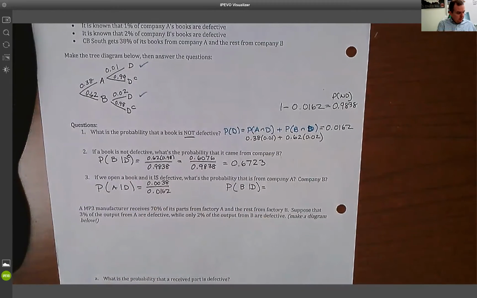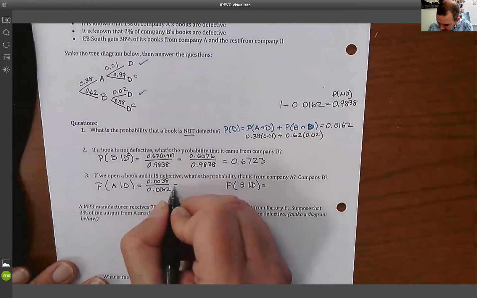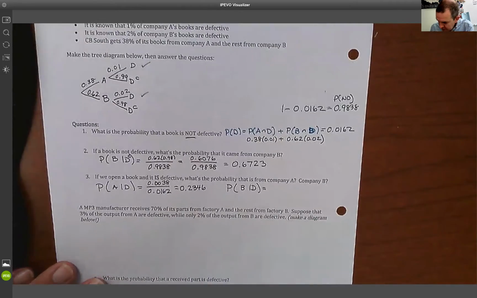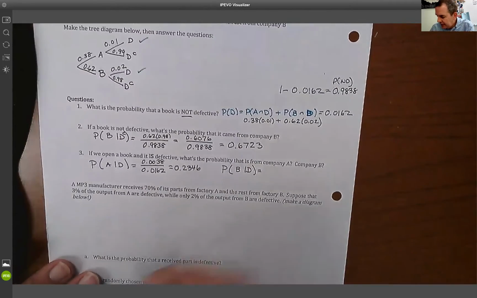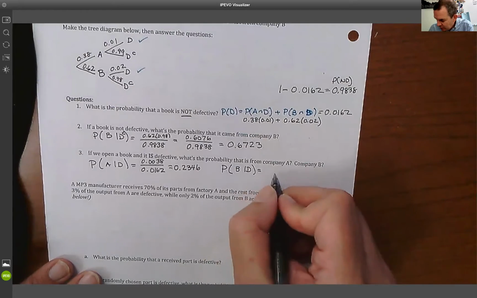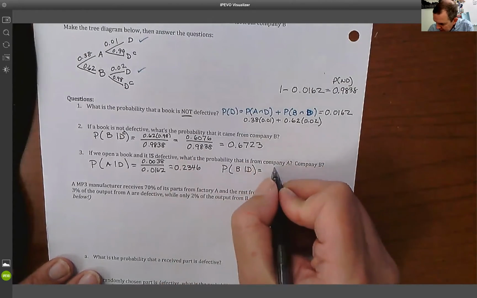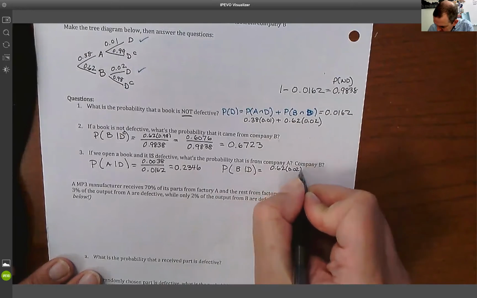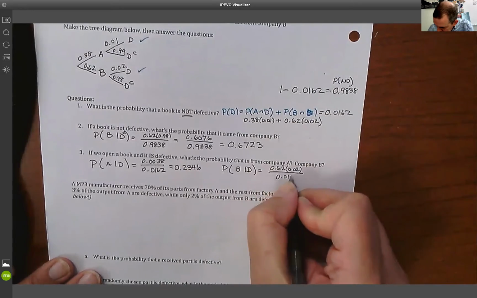So 0.0038 divided by 0.0162 tells me that there is about a 23% chance that it came from A, which means it's going to be 1 minus that, or if I want to figure out the probability, 0.62 times 0.02 over 0.0162.